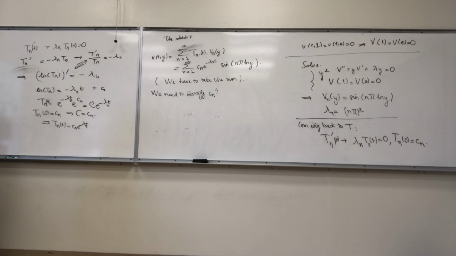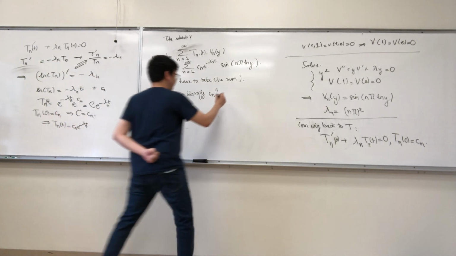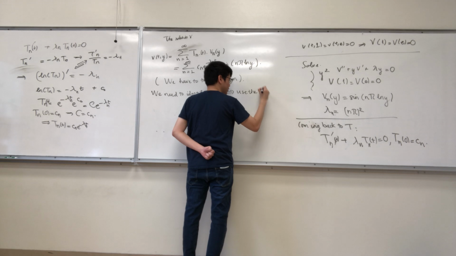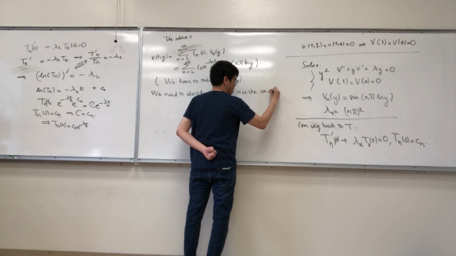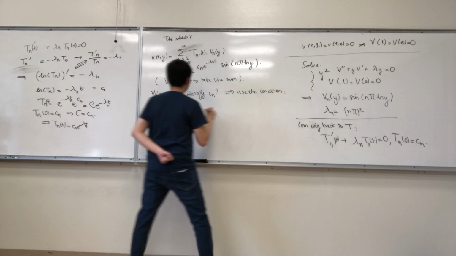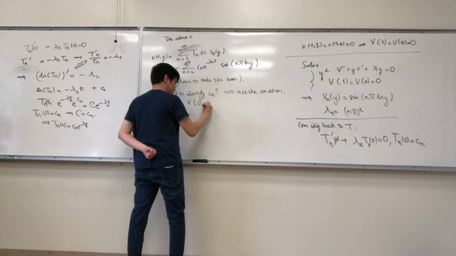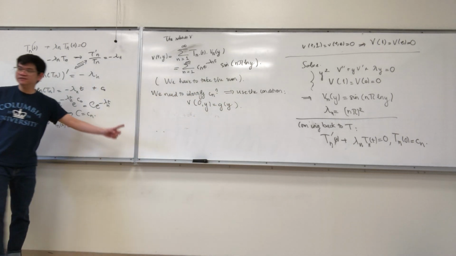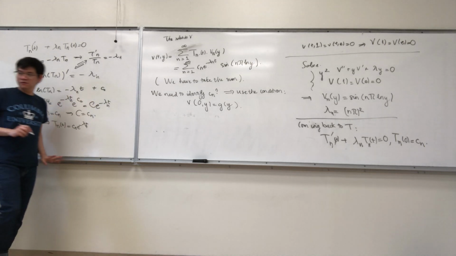If we go back to the boundary condition, we have to use the initial condition, which is v of 0, y is equal to g of y. Right? This is something that we never use.